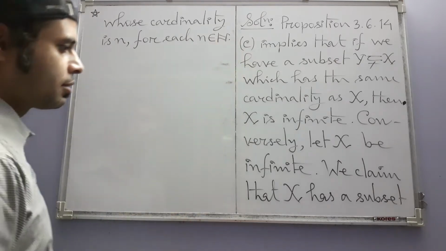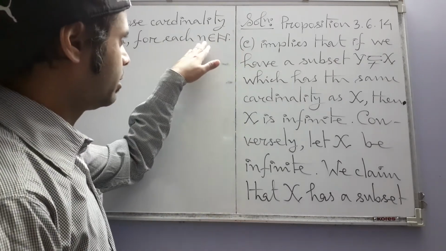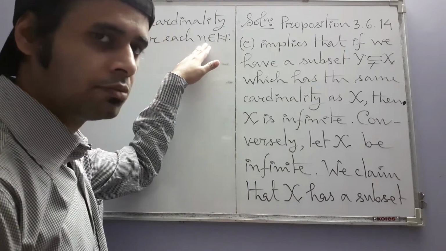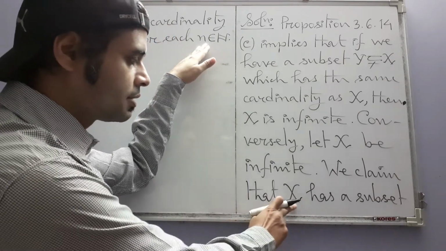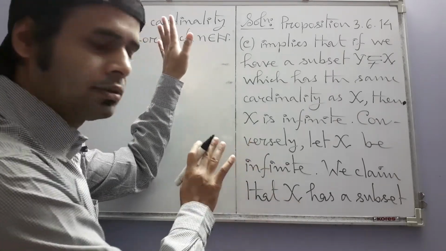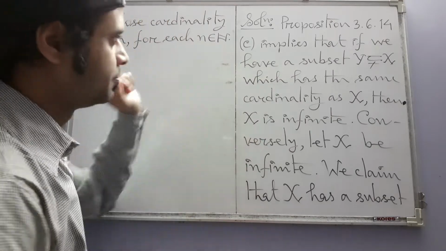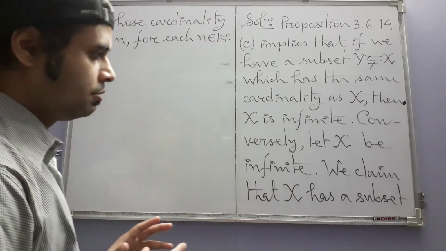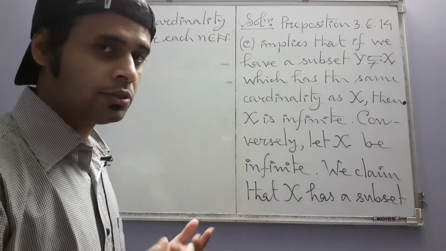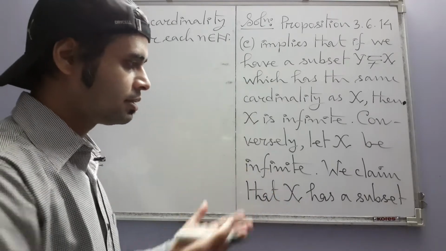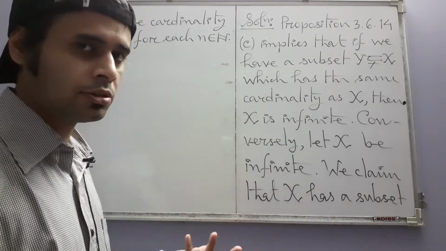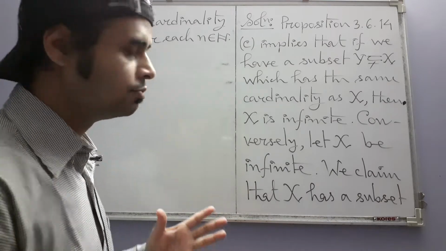That means we are claiming that whatever natural number n we choose, we will find a finite subset of X having that n as its cardinality. And this we are now going to prove. We need to prove this claim. We have made this claim. That does not mean it should necessarily be true. We need to prove this.